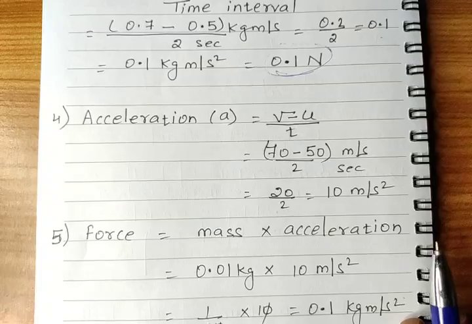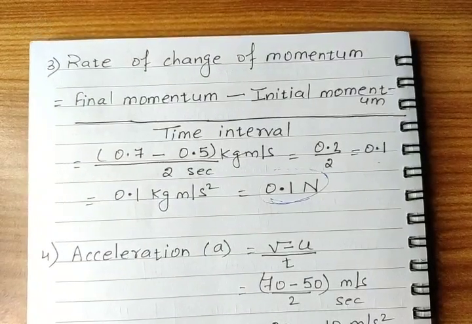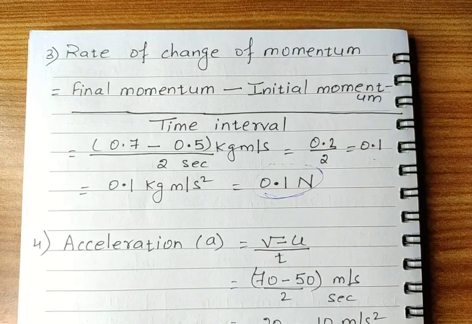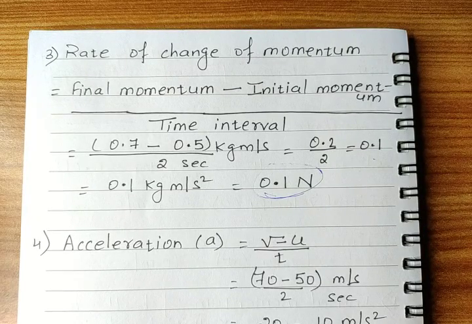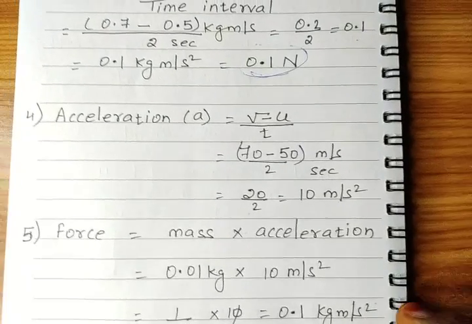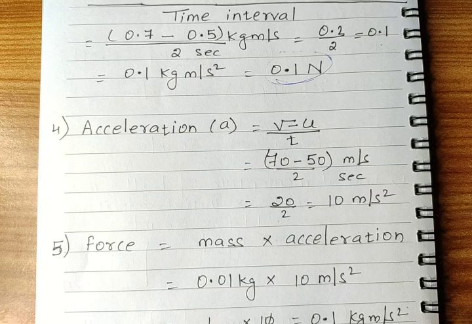Next point is you have to find acceleration. Before this, please note down this one. Third one. Fourth is acceleration. So what is acceleration? Rate of change of velocity. Is it? Acceleration is what? Rate of change of velocity. How the velocity of the body changes with the time interval.